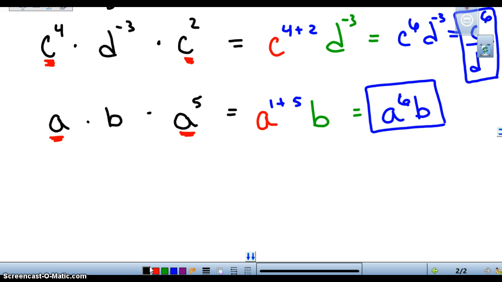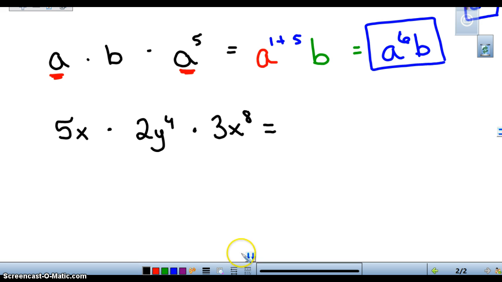Try another one. Let's say we have 5x times 2y to the 4th power times 3x to the 8th. The first thing we need to do is identify our common base. Do we have a common base?